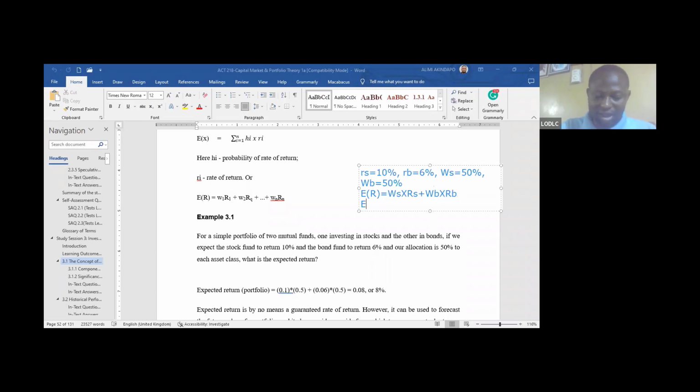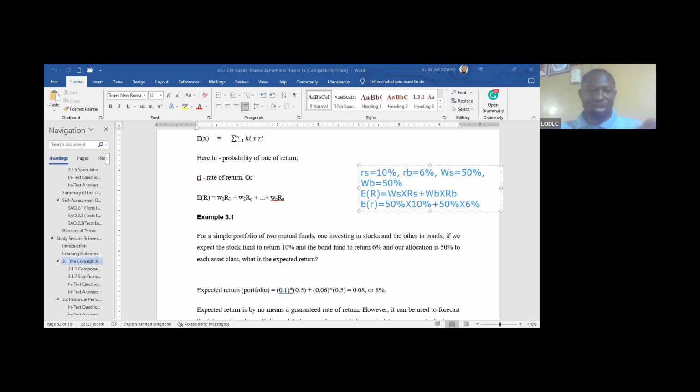So your expected rate of return will now be equal to, what's the weight? That is weight for stock, that is 50%, multiplied by rate for stock is 10%, plus weight for bond 50% multiplied by the rate for bond is 6%.